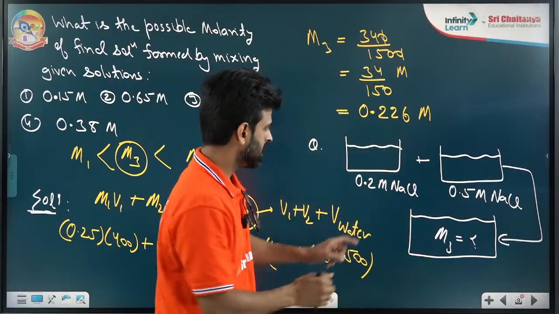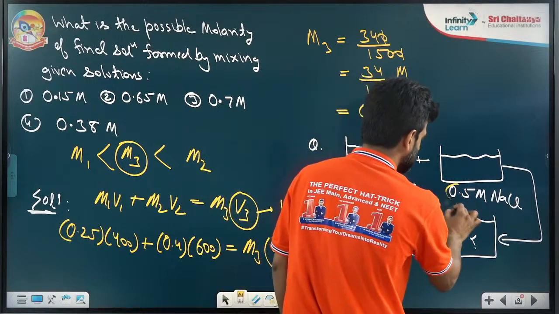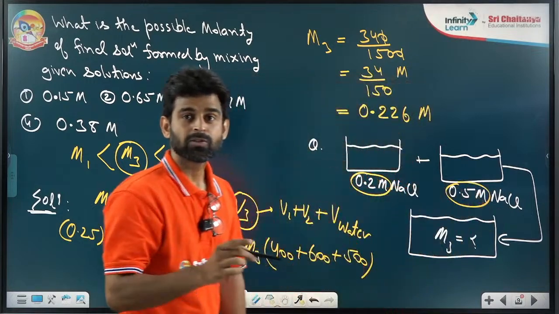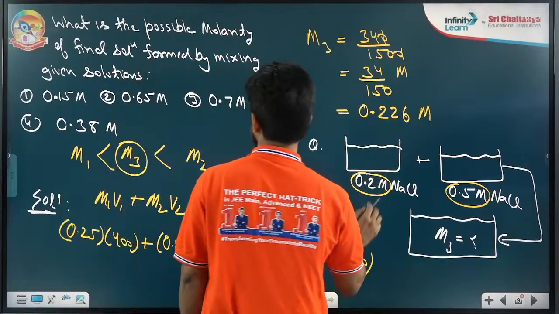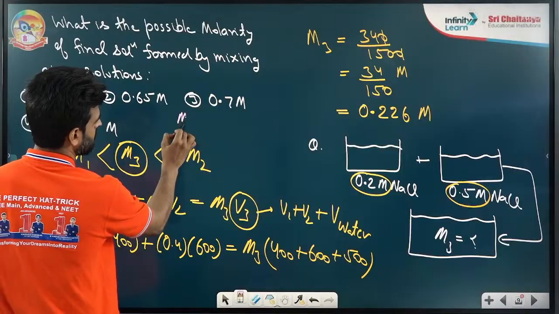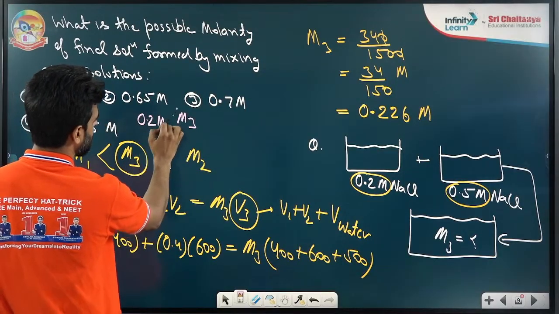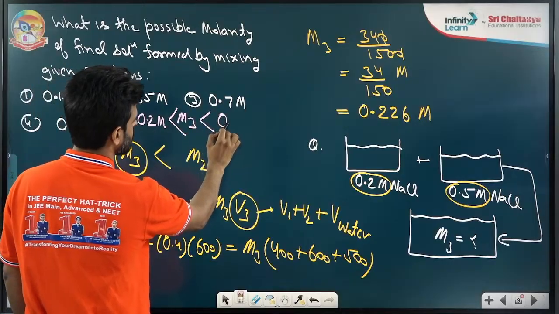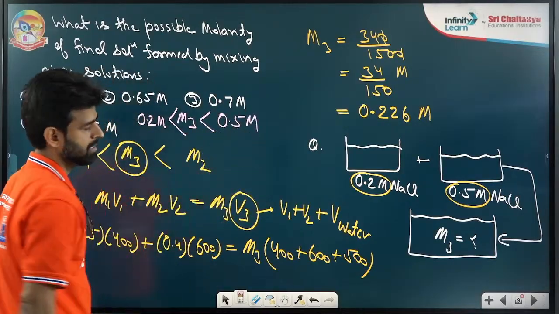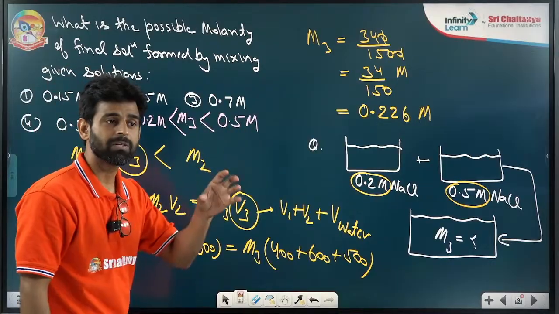It is 0.2 molar here and 0.5 molar here. So M3 will definitely be more than 0.2 molar and less than 0.5 molar. It can never be more than this, never less than this, only in between.